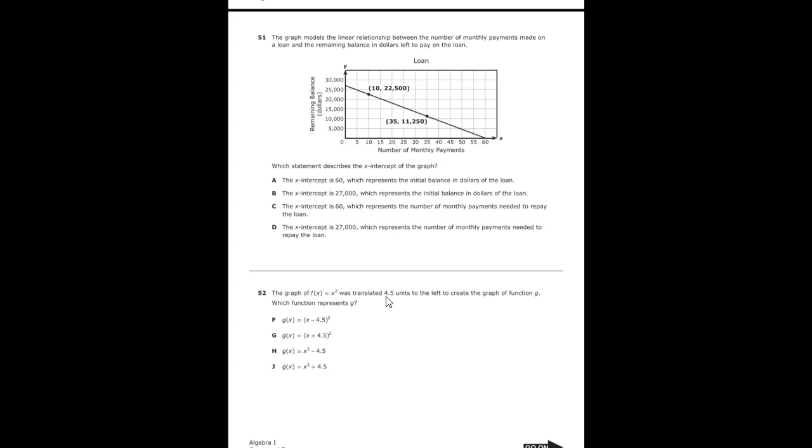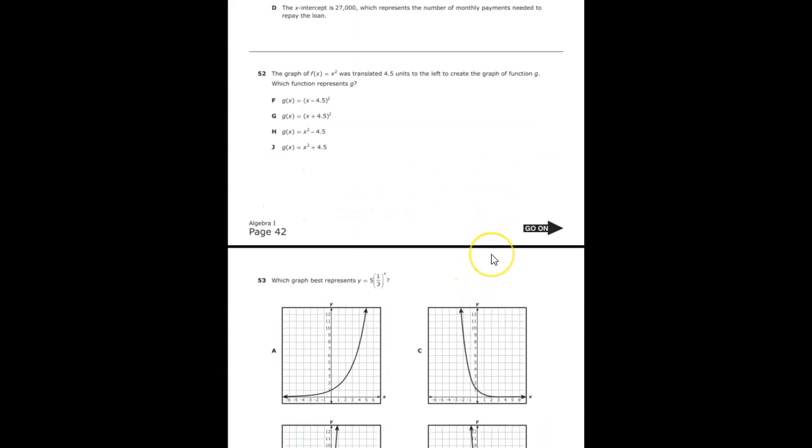Okay, the x-intercept is 60, which represents the number of monthly payments needed to repay the loan. That's right here. It's 60 because at this point your remaining balance is 0. So after 60 monthly payments, there will be no balance owed on that loan.